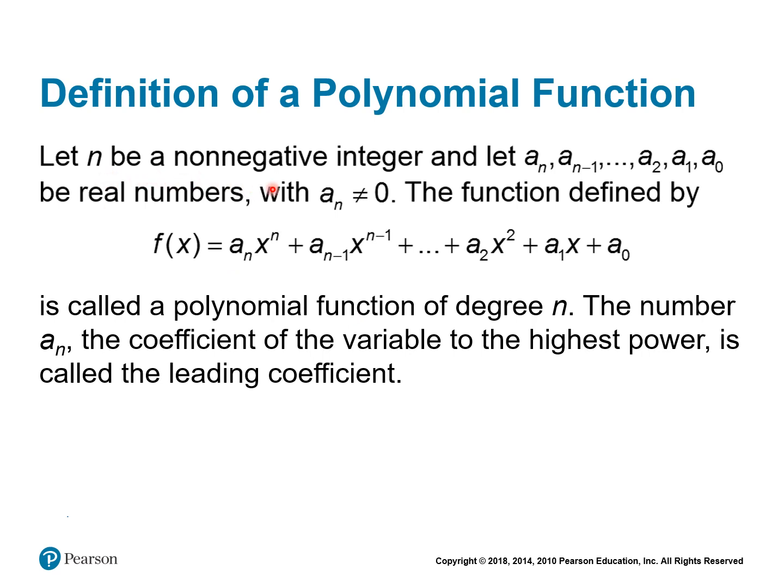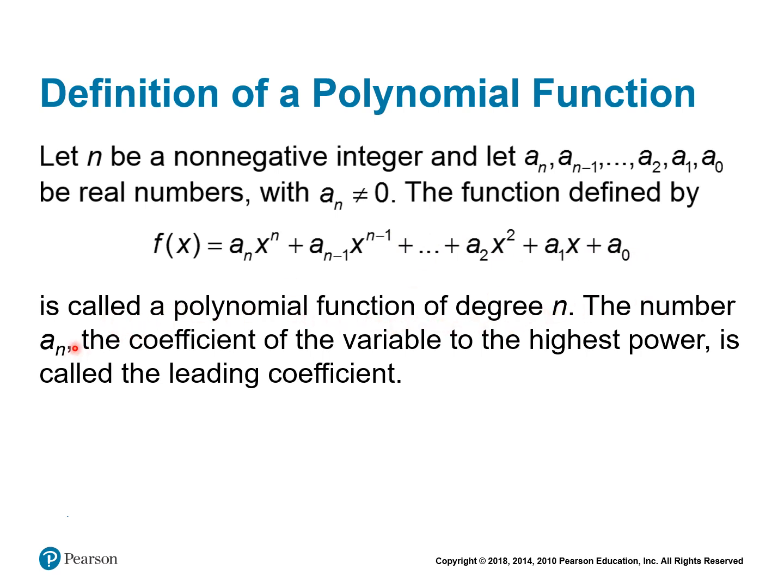Let n be a non-negative integer and let a sub n, a sub n minus 1, dot dot dot, a sub 2, a sub 1, all the way to a sub 0 be real numbers with a sub n not equal to 0. The function defined by f of x equals a sub n times x to the power n plus a sub n minus 1 times x to the power n minus 1 and so on is called a polynomial function of degree n.